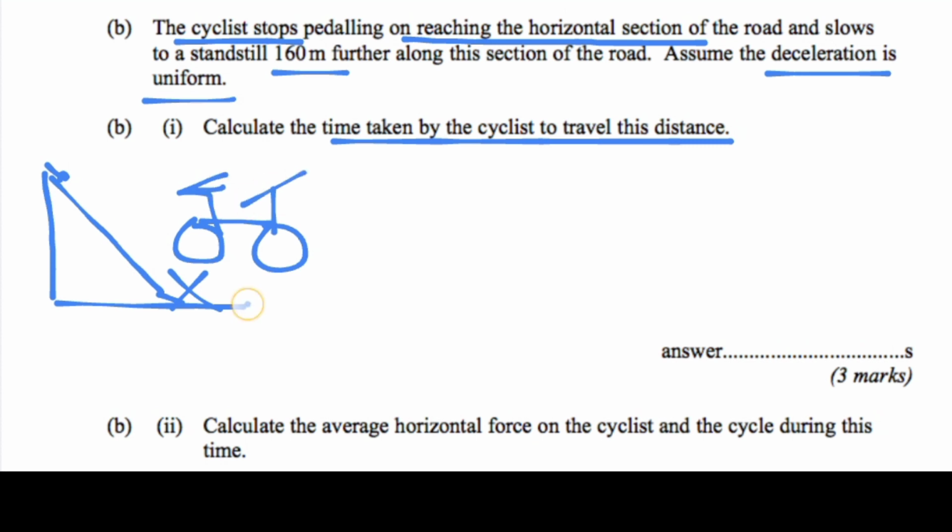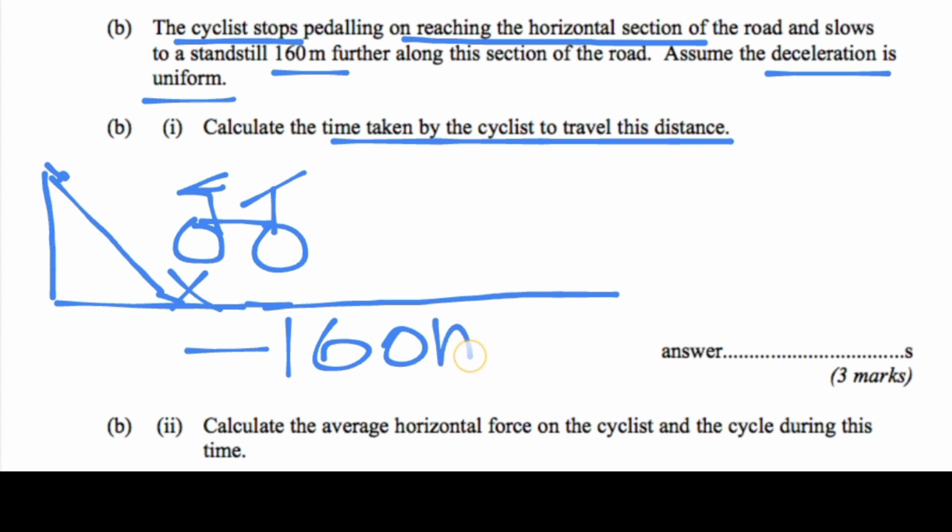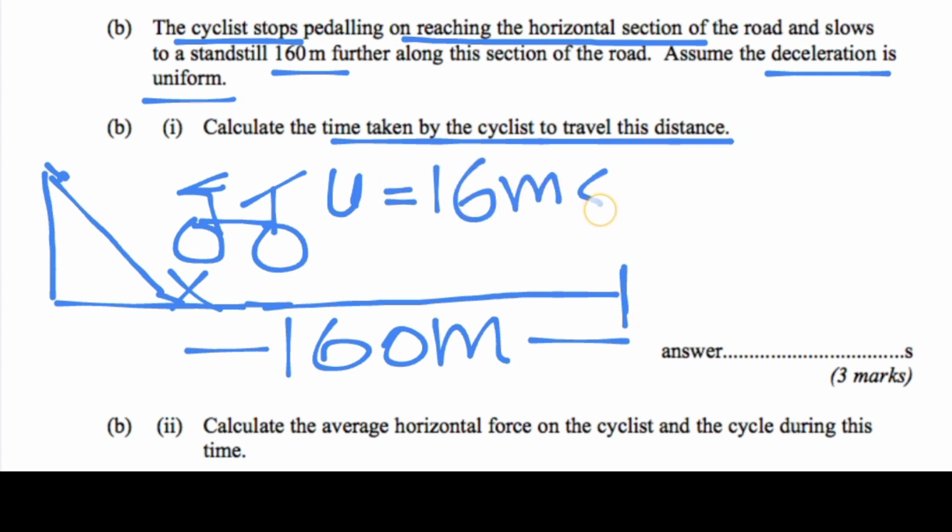He reached here, moved, and reached the final station, let us say, and he moved 160 meters, right? So when he started, his speed was 16 meters per second, because when he reached the horizontal section, we said its speed was 16 meters per second, right?